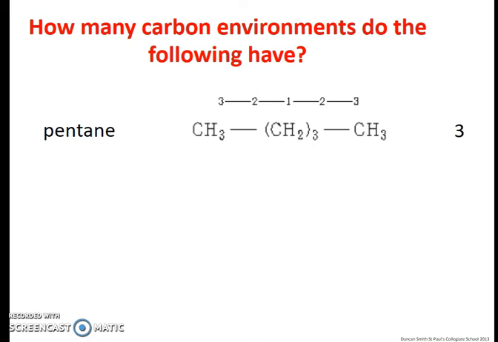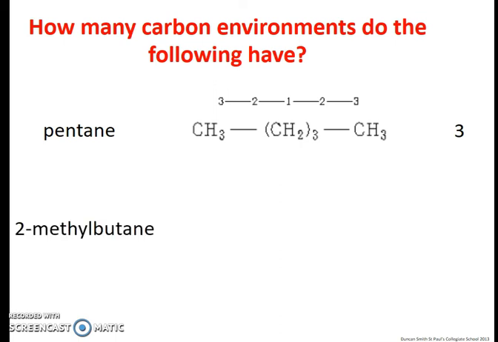So carbon 1 is a CH3 group, and that is exactly the same as carbon 5. So there's 1 carbon environment. Carbon 2 is a CH2 group, which is connected to a CH3 at one end and a propyl group at the other end. Carbon 4 is identical to that, whereas carbon 3 in the middle is a CH2 group attached to 2 different ethyl groups. So that's why it has 3 carbon environments.